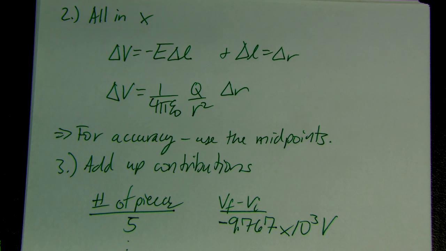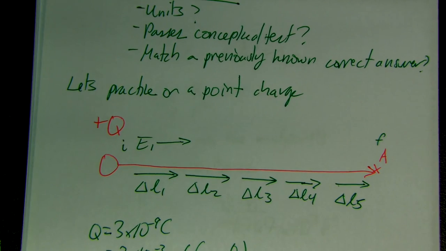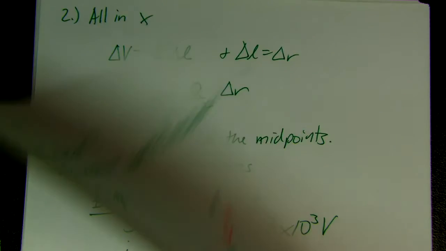We can see this is making sense. We would anticipate that it would be a minus sign. We're going in the direction of the field, so you'd expect a delta V being minus. So everything is working out so far.